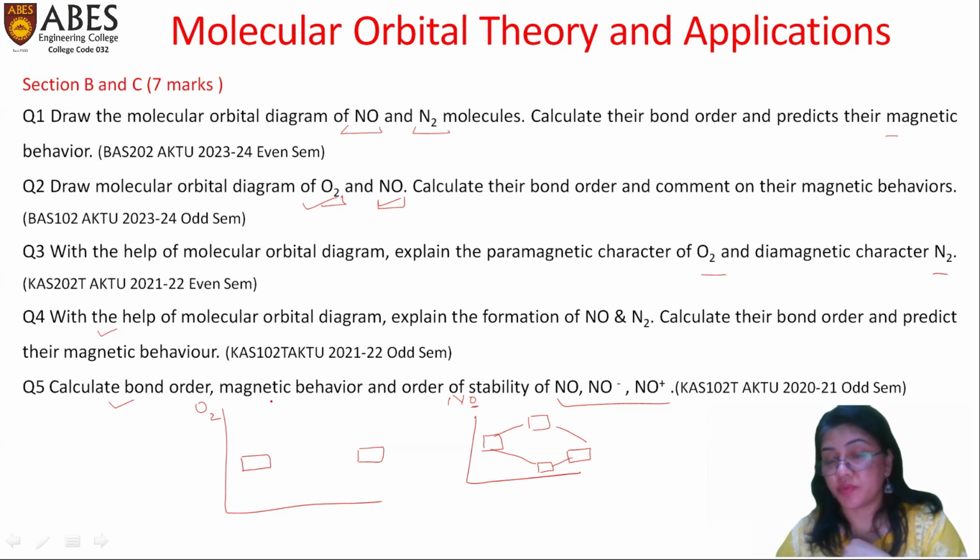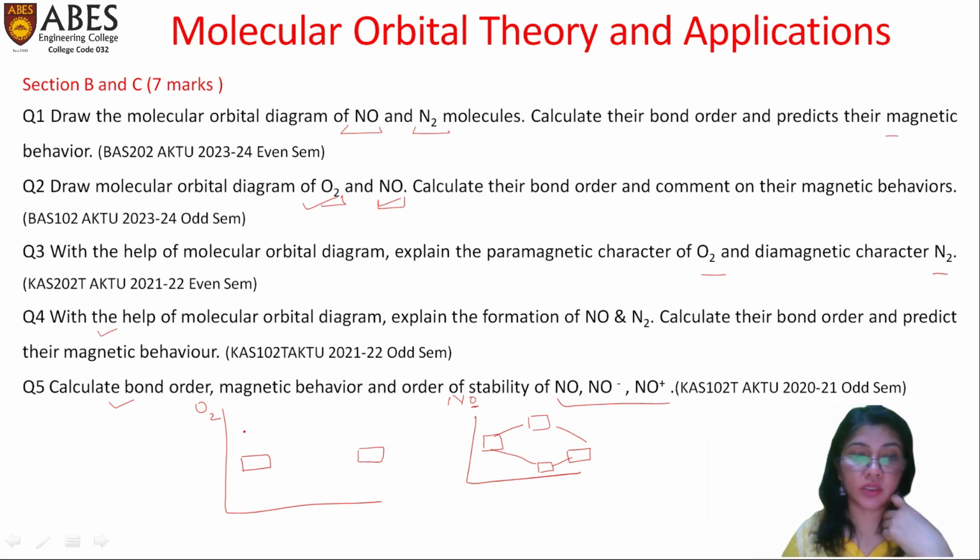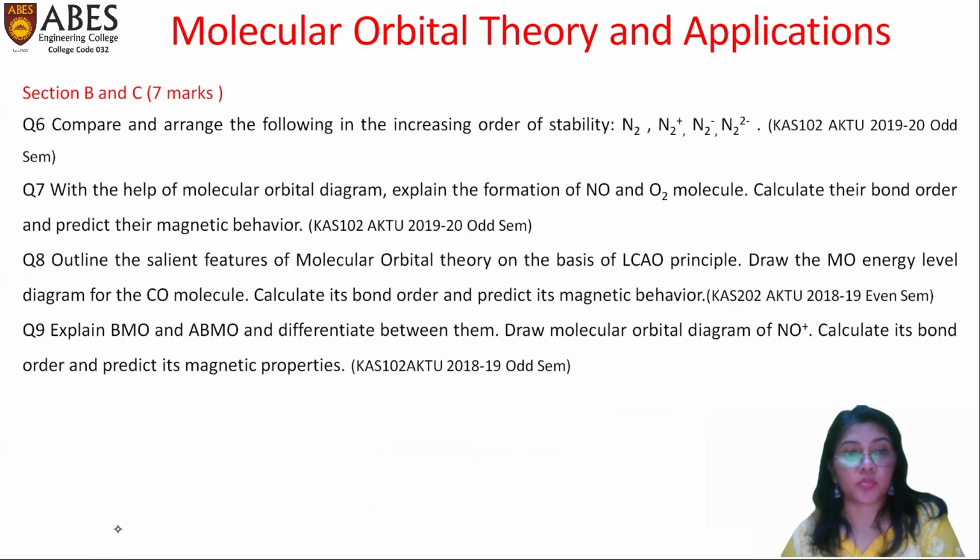Magnetic behavior can be found by seeing the molecular orbital diagram, where if the highest occupied molecular orbital is paired up, then it is a diamagnetic molecule, and if it is unpaired, then it is a paramagnetic molecule.